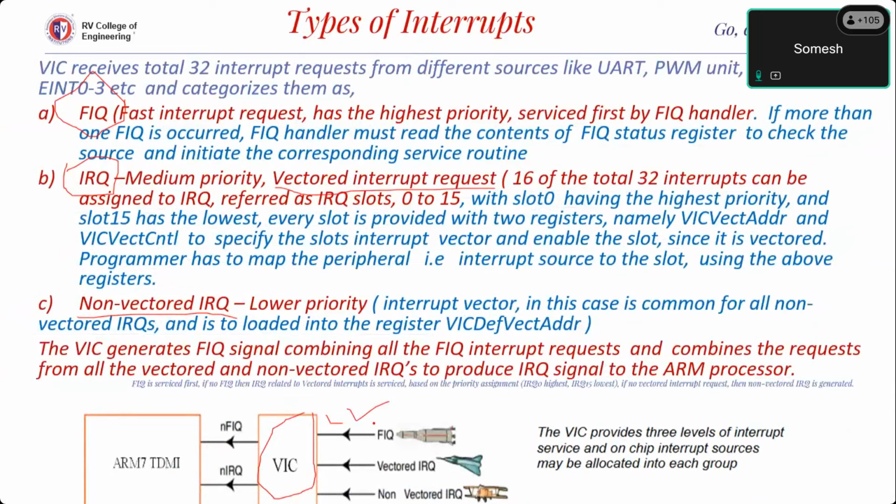All 32 can be made FIQ, and all 32 can be made non-vectored, but for vectored there is a limitation. Only 16 among the 32 can be made vectored IRQ. So let's understand, if I assign the interrupt from a particular source as vectored IRQ, what registers are available and how to configure them.